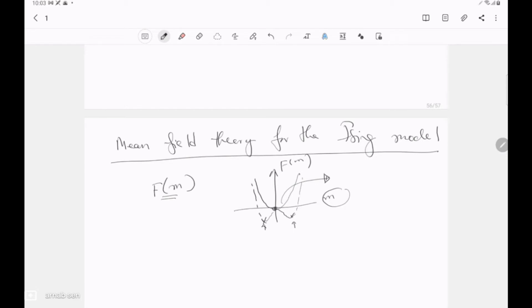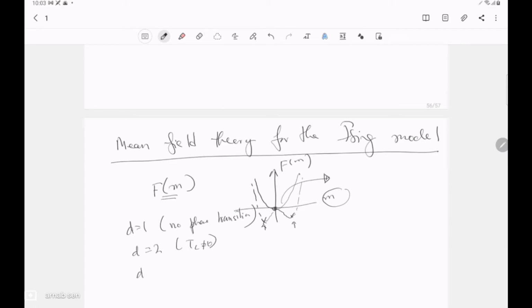So for D equal to 1, in the one-dimensional Ising model, we saw that there's no phase transition. Whereas for D equal to 2, we actually calculated the TC using a duality. You remember we used a high temperature, low temperature duality to calculate the TC, and that was non-zero, right?